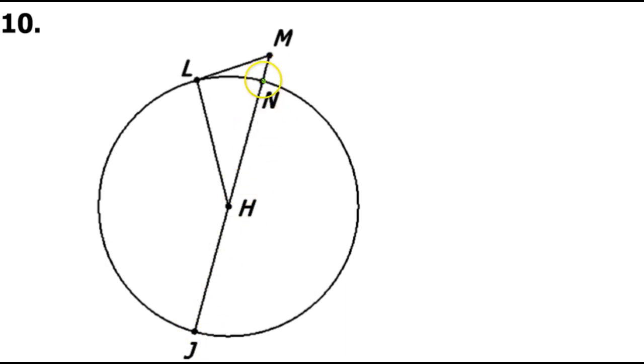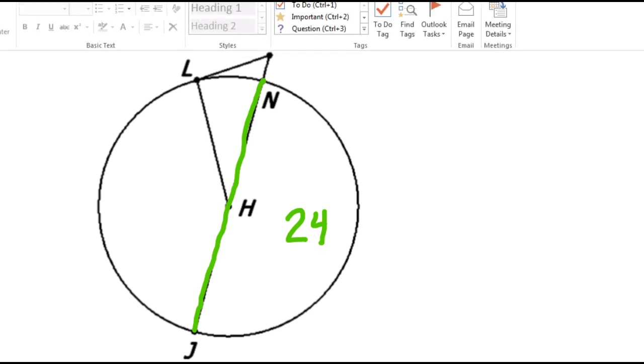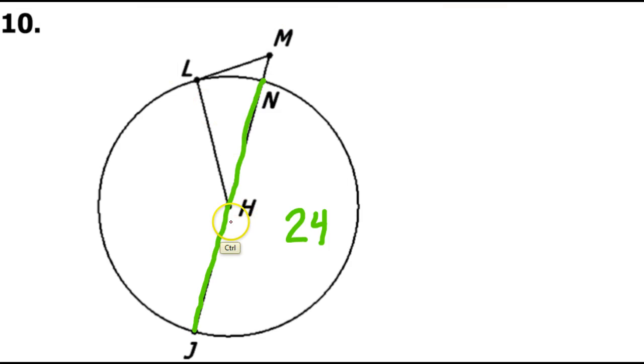So this is the diameter from J to N. All right, so that is 24. Now, of course, what that means is that this distance is the radius, so that is going to be 12. Okay, so I think that's what we're going to end up actually using.